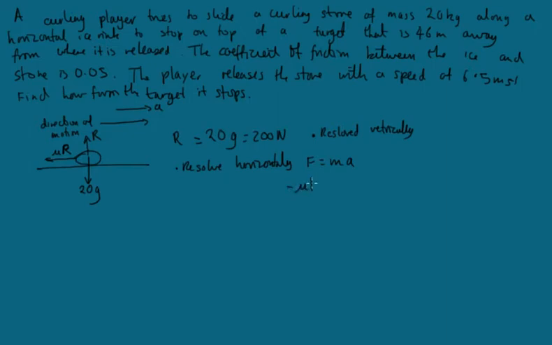So our coefficient of friction times the normal contact force must equal 20 A. This is negative, so A must be, putting our numbers in, minus 0.5 meters per second squared, which makes sense because it's been released with 6.5 meters per second and it's slowing down to come to a halt.